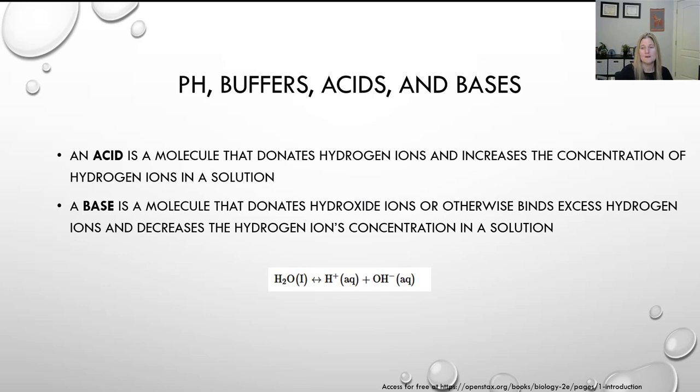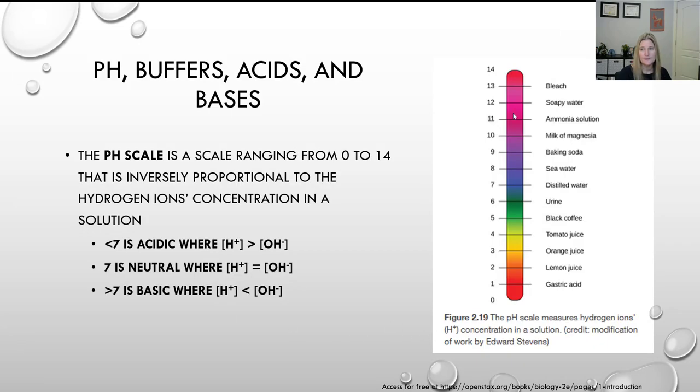Okay. So basically, we're going to talk about acids and bases in relation to our pH scale. So here's our pH scale. The pH scale goes from 0 to 14, and it is a measure of the hydrogen concentration within the solution.